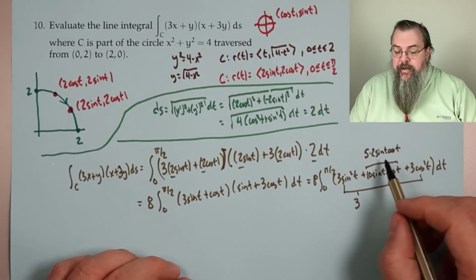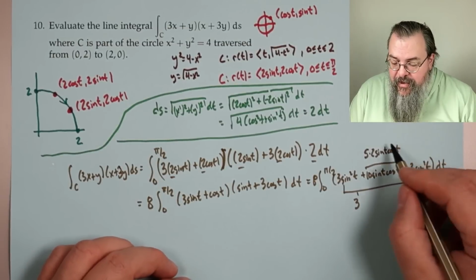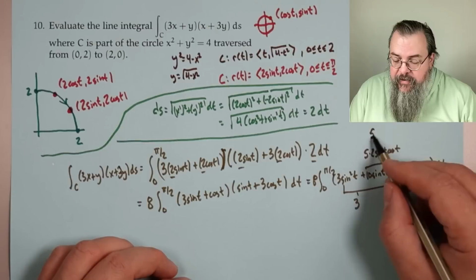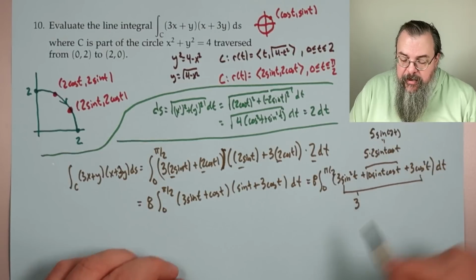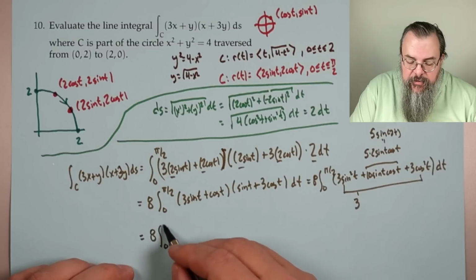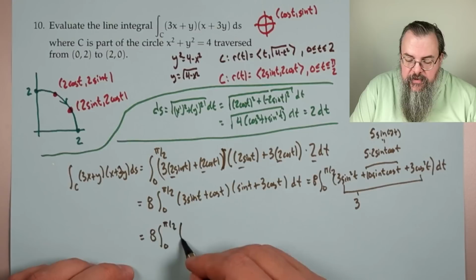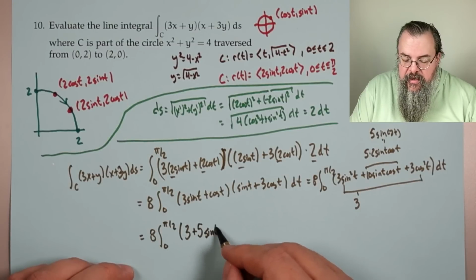And then we say, well, hey, sine t cosine t times 2, that's the double angle formula. So this is the same as 5 sine 2t. Okay, so we now have 8 times the integral from 0 to pi over 2 of 3 plus 5 sine 2t.